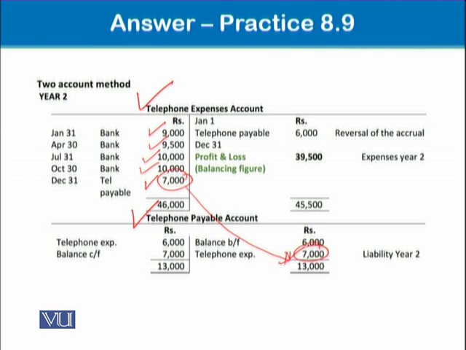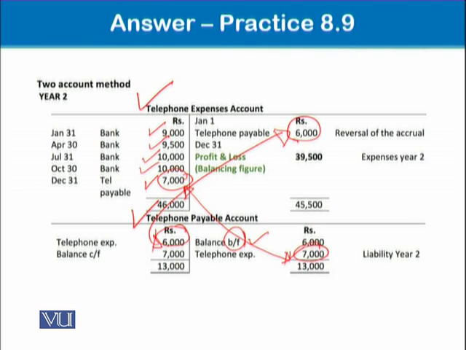Got it? Well. And one thing, do remember that all 9,000, it doesn't belong to our year 2. So what happened? That 6,000, we know very well that it was our opening balance. This is something that was placed in the credit side. Now will be adjusted against the payment.